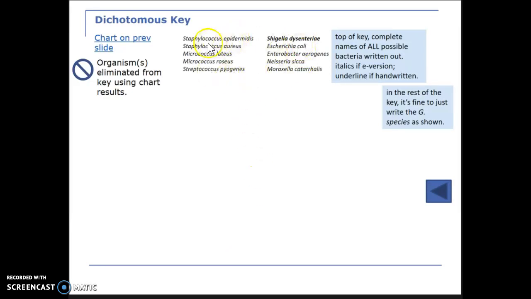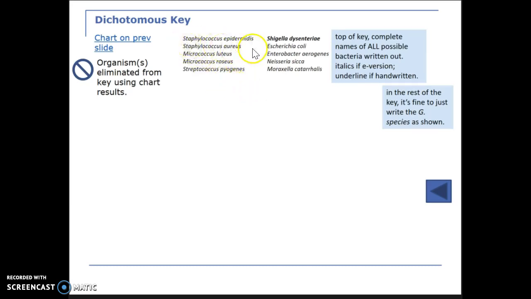So they're fully listed, genus and species name. This is a computer-generated printout, so I have used italics. Genus is capitalized, species is not capitalized, and it's all in italics. You have the choice to do it in computer, or you can write it out by hand. If you write it out by hand, you cannot fake italics.